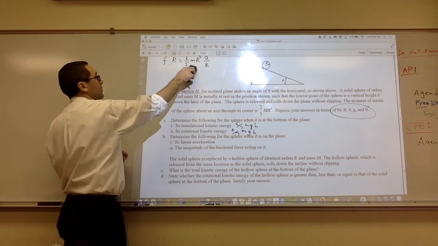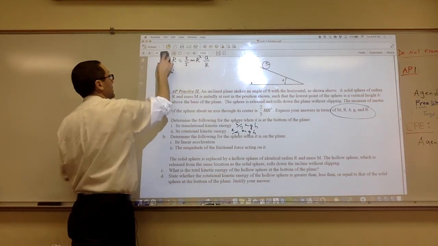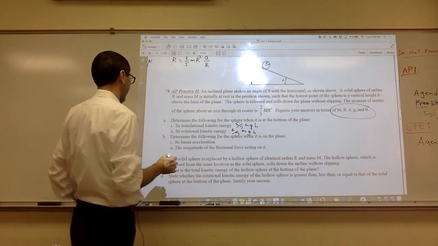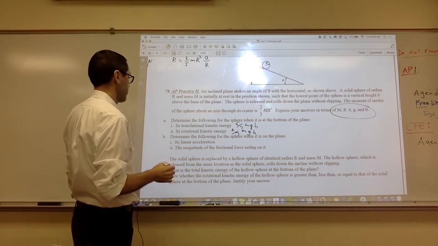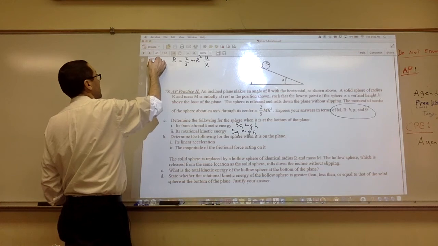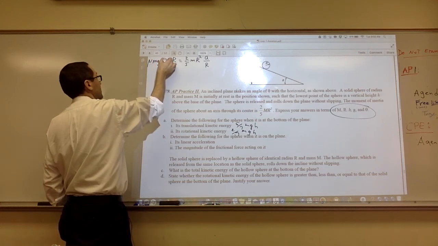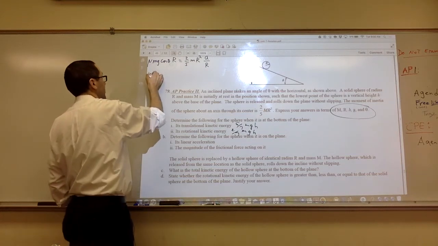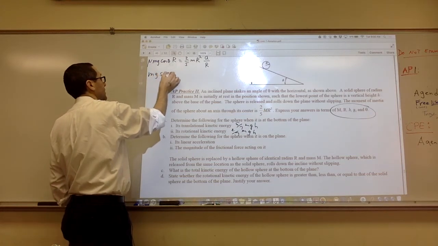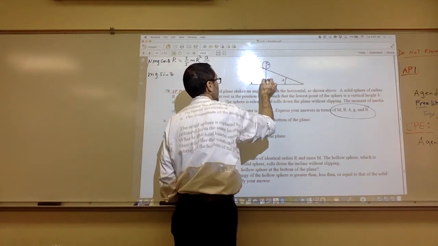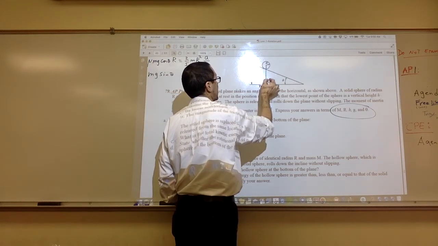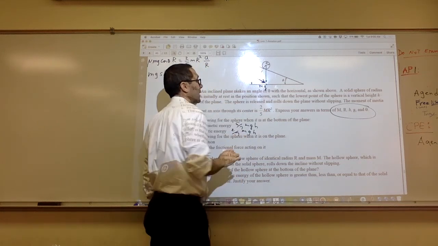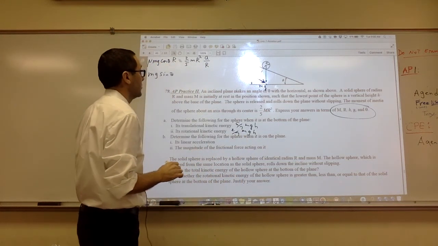Now this is net torque equals I alpha. The force of friction is mu mg cosine theta. Now we're going to do F net equals ma. So mg sine theta, because your mg is here, only this component here is responsible for going down the ramp.